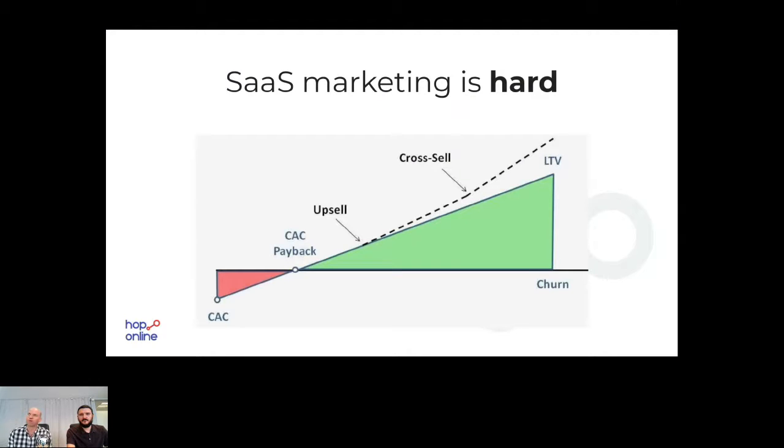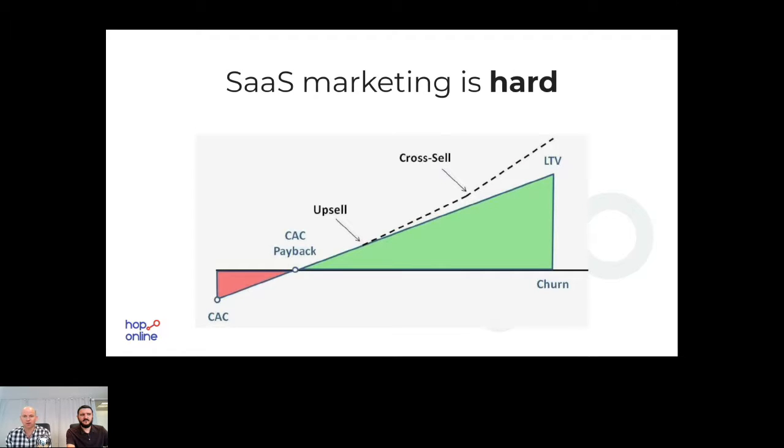And even before the world started changing a couple of months ago, SaaS marketing was pretty hard already, because you have to deal with a lot of these acronyms and KPIs that are pretty unique for SaaS businesses, such as the payback period on the CAC, and the lifetime value and the churn rate from people either that are in a free trial period or maybe that are already in your customer base.